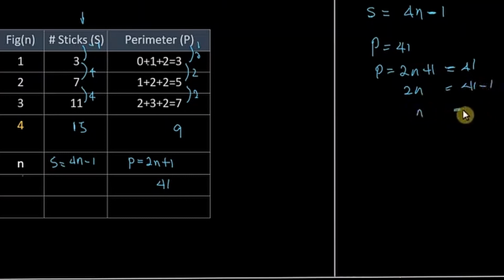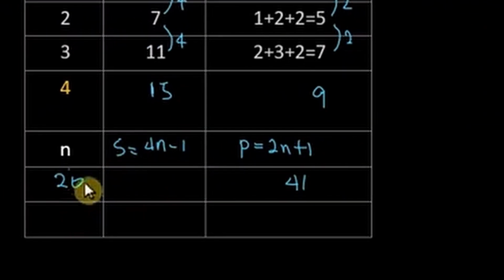Therefore, n is equal to 20. So we know that n would be 20 in this case. And since s is equal to 4n minus 1, that's 4 by 20 minus 1, which is 80 minus 1. So that would be equal to 79.